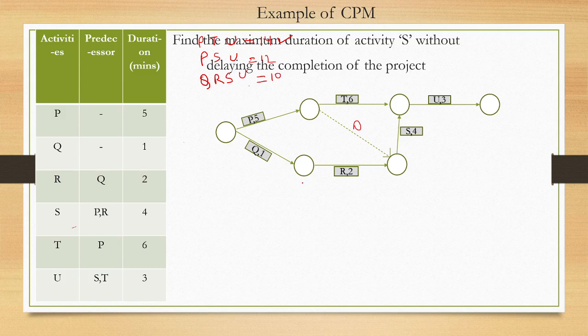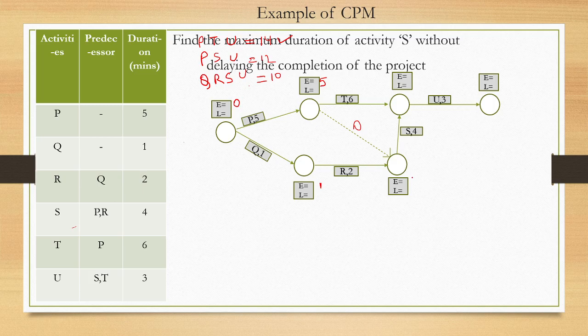To find the project duration or the critical path or this float, we need to write the E and L values at each node. So it is starting with 0. Now 0 plus 5 is 5 here, and here 0 plus 1 is 1. Now 1 plus 2 is 3 and 5 plus 0 is 5.